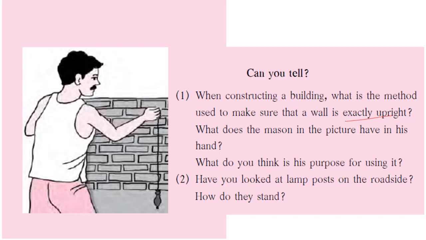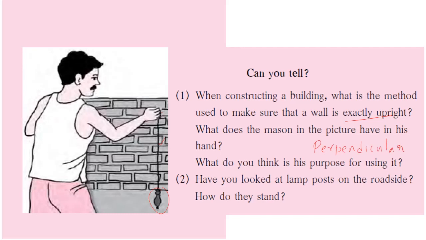See, there is a string and a weight over here to check whether it is exactly upright. This exactly upright is a concept connected with our geometrical construction, where we say exactly upright as perpendicular.